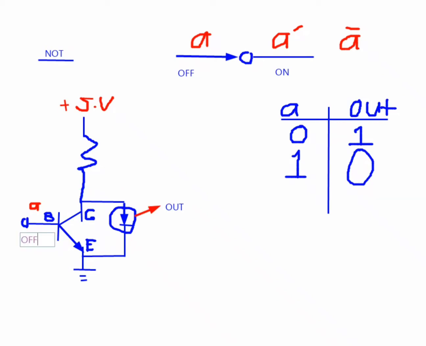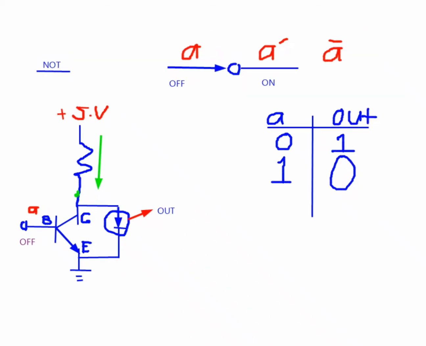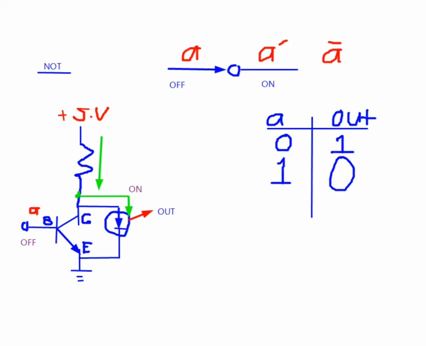Now let's say we have an off state for the transistor. The current will still flow from the 5 volt source, and when it comes to this position, the current has no choice, because the transistor is in the off state, it cannot flow from the collector to the emitter. It will go through the LED and it will be in the on state.